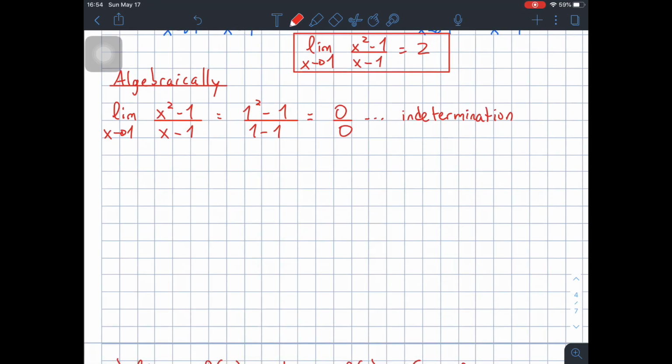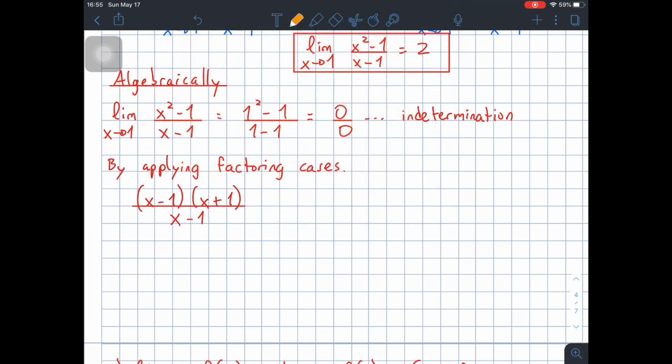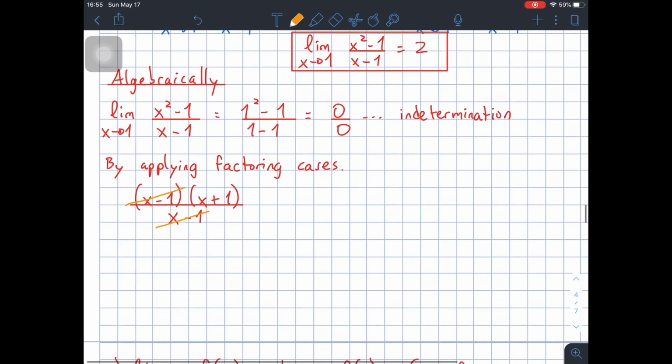So by applying factoring cases, I would say that the function is x minus 1 times x plus 1, applying difference of two squares on top. And for the denominator, I cannot do anything here, so I'm going to write x minus 1. And you see that here, I can eliminate this term x minus 1. Whatever term we eliminate is the term that is causing the indetermination, right?